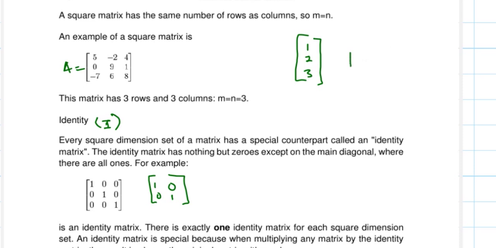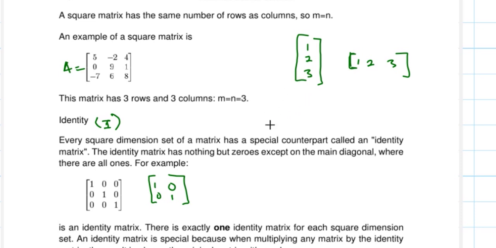And then we have a row matrix 1 2 3. This is only one row, so it's called a row matrix, and this has only one column, so it's called a column matrix. So these are some other kinds of special matrices that we have.